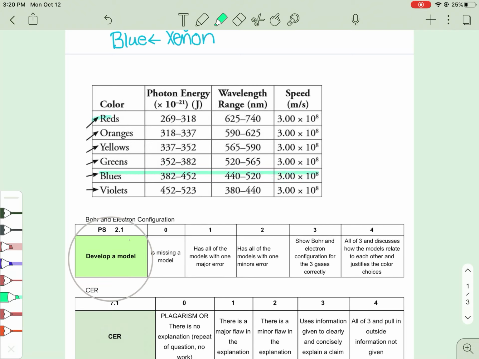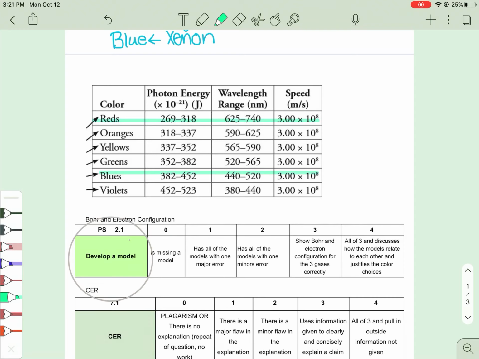I got a lot of information that said neon would have a photon energy between this and this and a wavelength between this and this, where krypton, xenon would have a wavelength between this and this, and a photon energy between this and this.